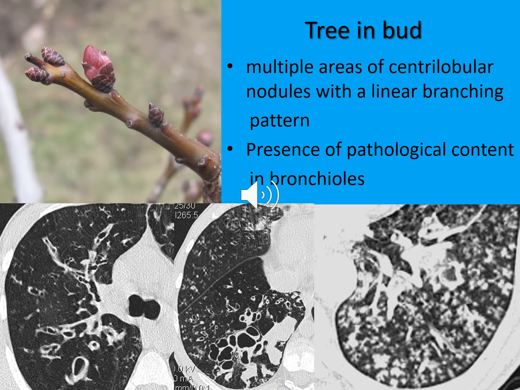Another interesting radiological term is tree in bud nodules. These are multiple areas of centrilobular nodules with a linear branching pattern that have appearances of a budding tree and represent pathological content in bronchioles.